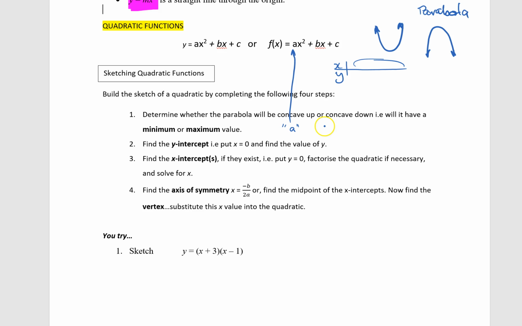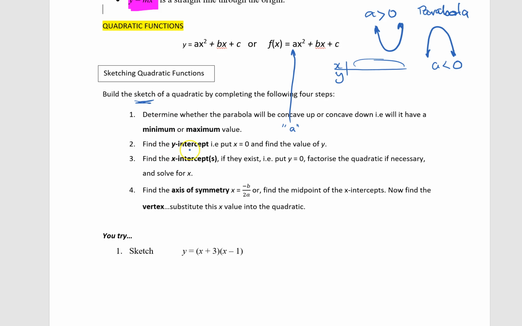And you know that if that is a positive, you'll get this one, A has to be greater than naught, and you'll get this shape if A is less than naught. If A is a negative, the parabola will be upside down. So knowing that is a very good way to start to get your sketch.